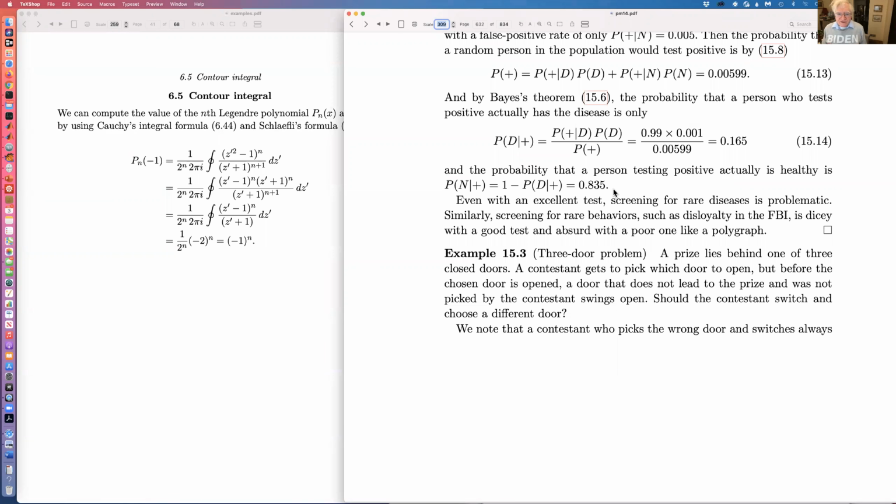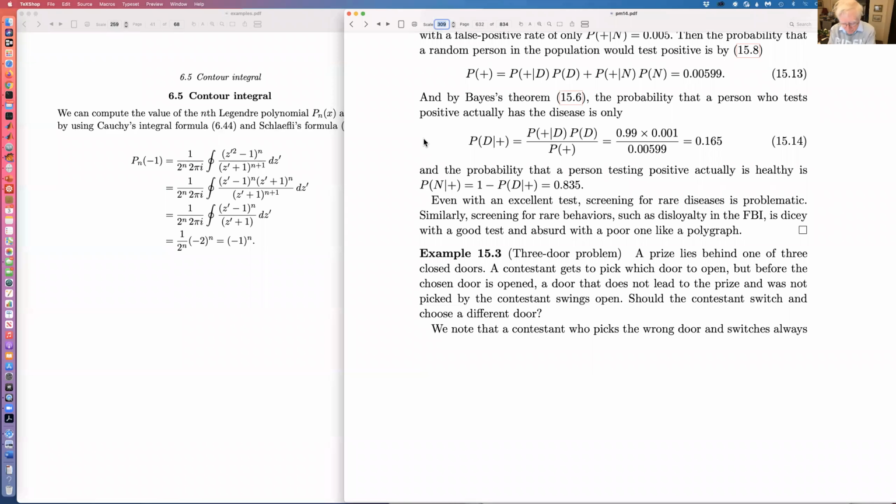So what you see here is that the naive interpretation of probabilities does not work in cases where you have a low base rate. So even with an excellent test, screening for rare diseases is problematic.